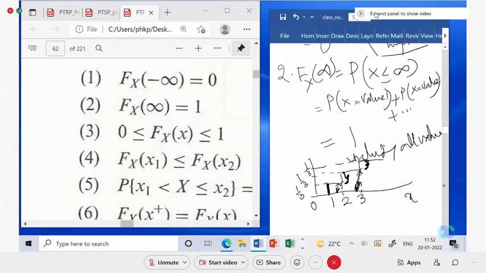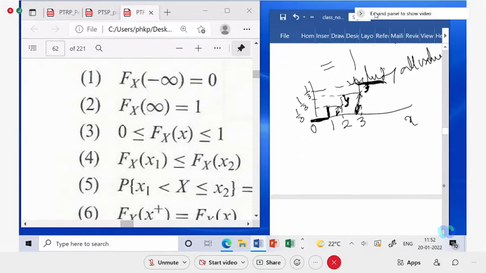Then the third property says the distribution function is always bounded between 0 and 1. So the 0 value is over here and 1 value is at the top. From the figure itself, it is clear.